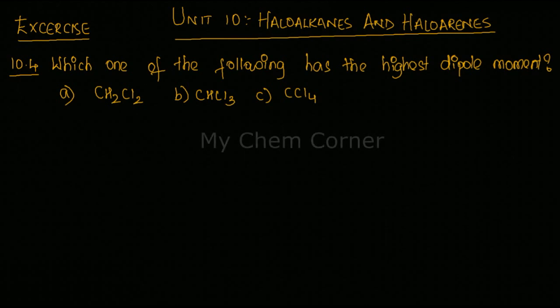So before we move into drawing the structure, trying to find out which one has the highest dipole moment, what is the meaning of this term dipole moment? Whenever you talk about dipole moment, you are always talking about the electron movement. When you look at a particular compound, we will find two elements. One is an electropositive element, the other one is an electronegative element.